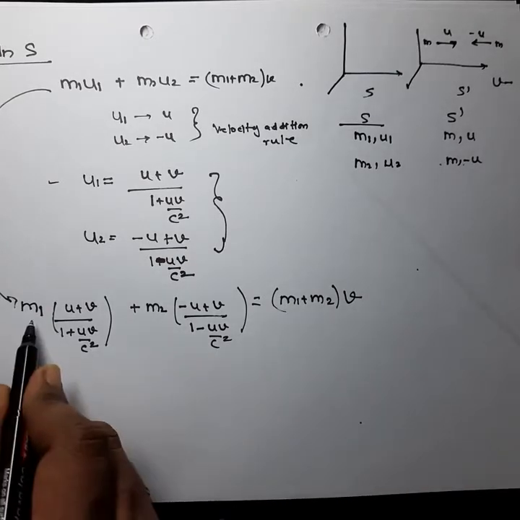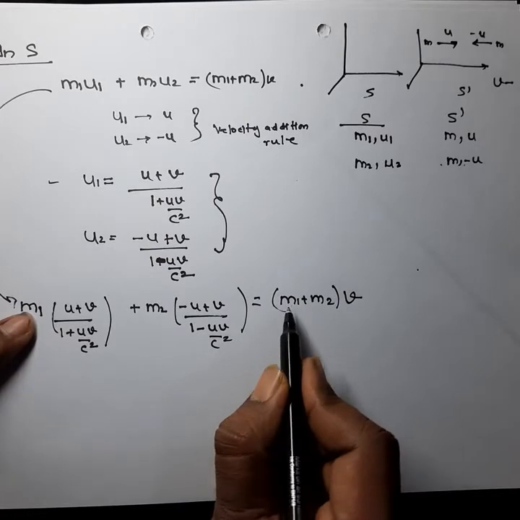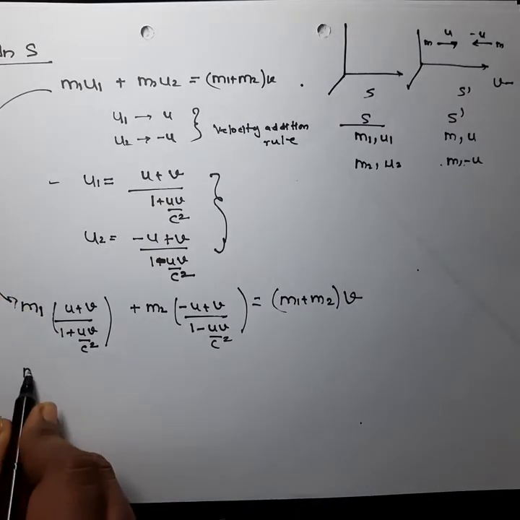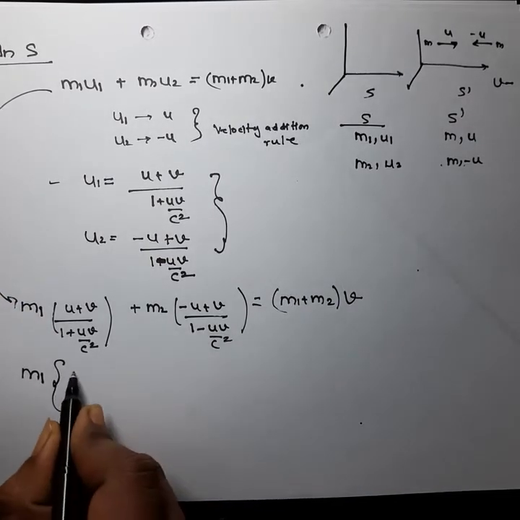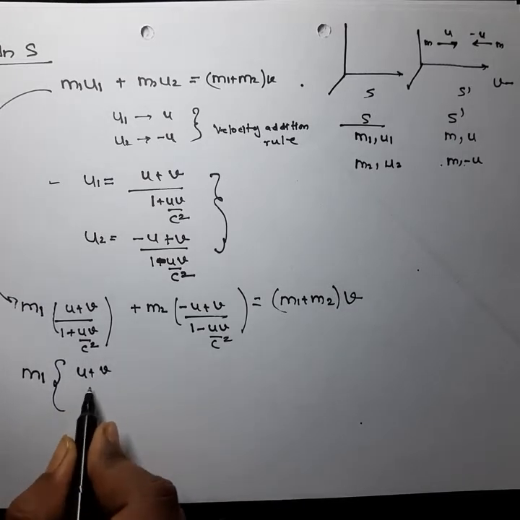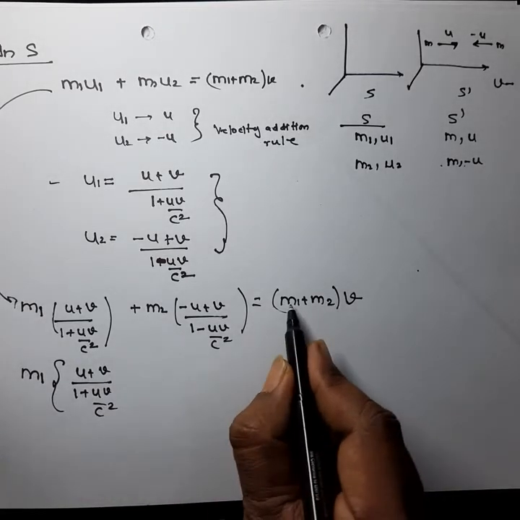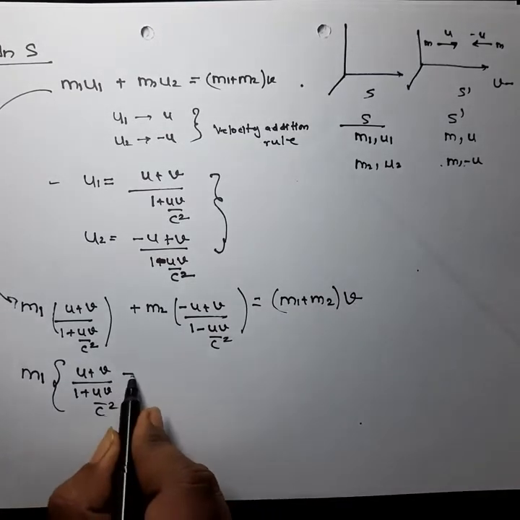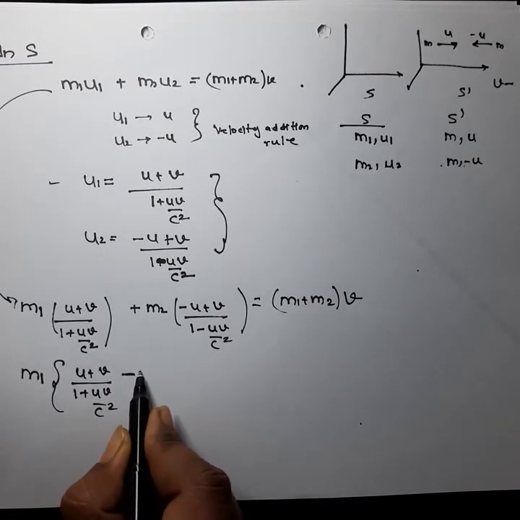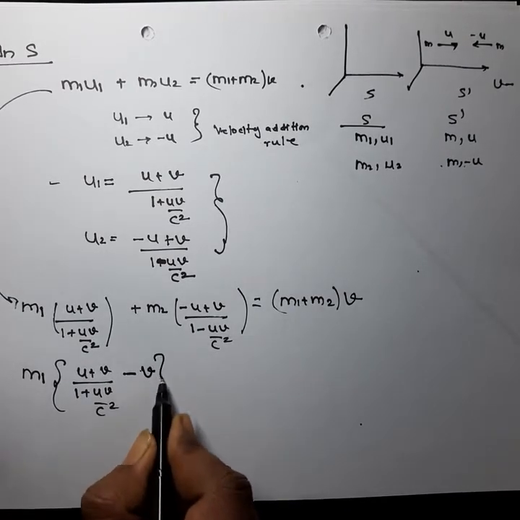So we will take the common. Here is m1, so we can take m1 common, and it will be u plus v divided by 1 plus uv by c square. When m1 v comes to this side, there will be a negative sign, so you can write it as minus v.